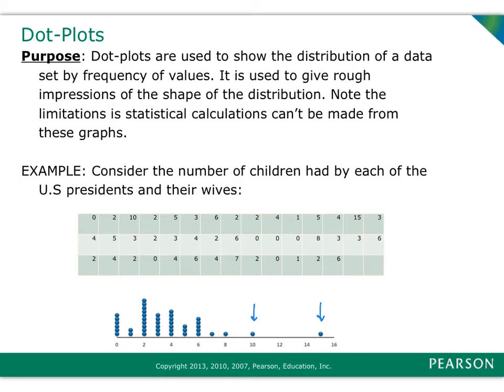And so you can see how the distribution pattern is skewed slightly to the right. Dot plots are sometimes used to indicate outliers, but in the Math 1330 class you will see that box plots are also used to find outliers.